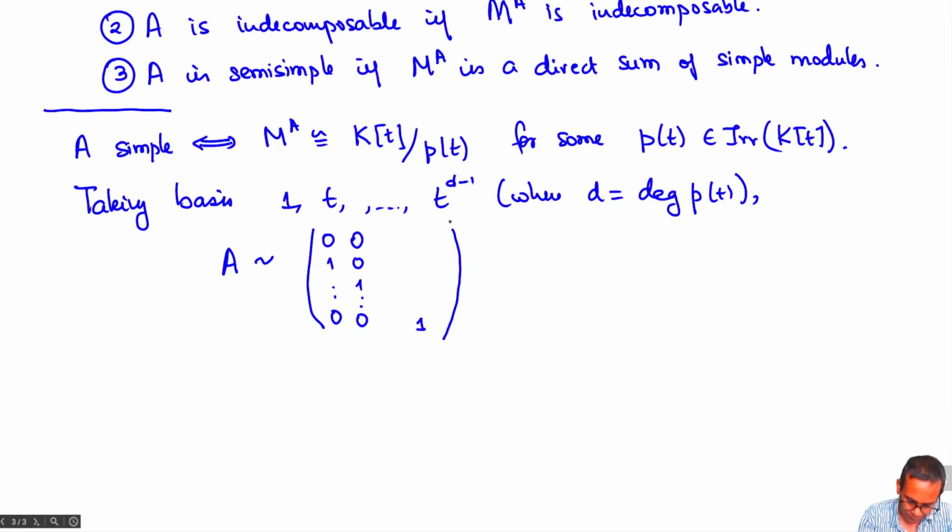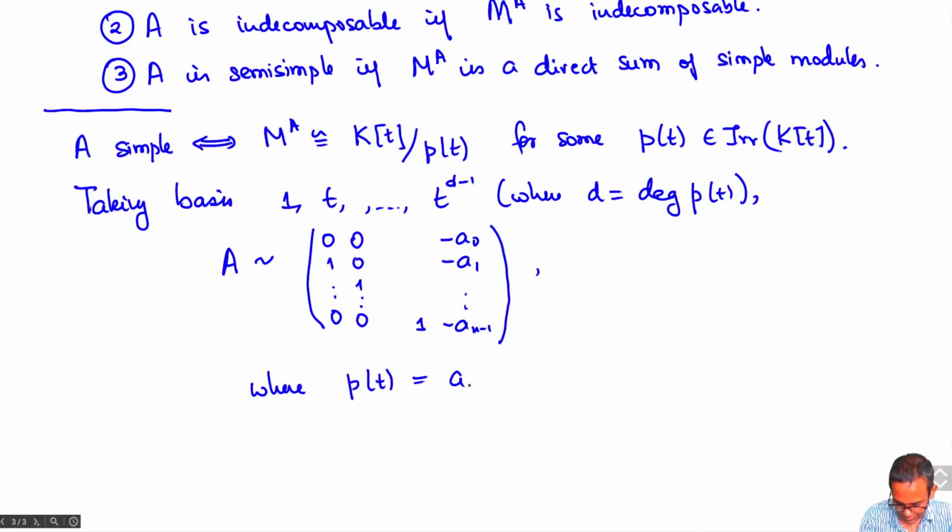So you put in minus a0, minus a1, up to minus a_(n minus 1), where P(T) is equal to a0 plus a1 T plus up to a_(n minus 1) T to the power n minus 1 plus T to the n. We are assuming that P(T) is monic.